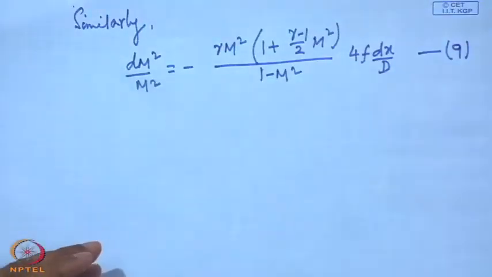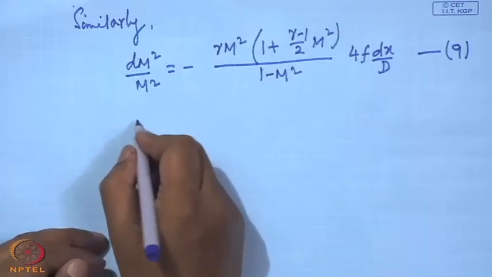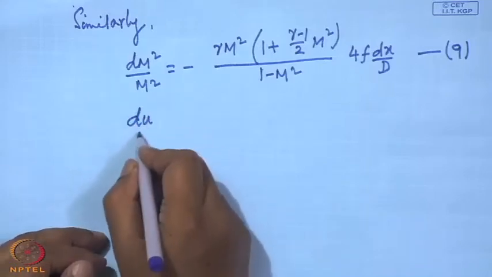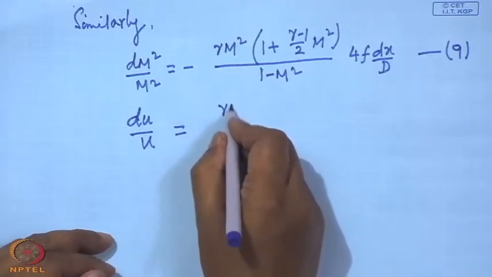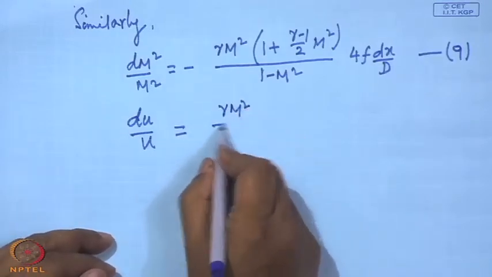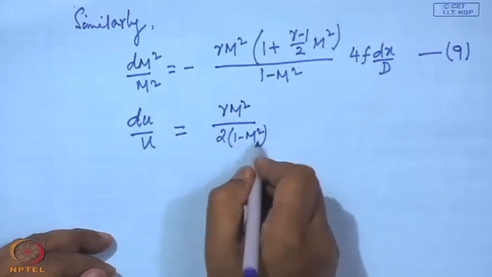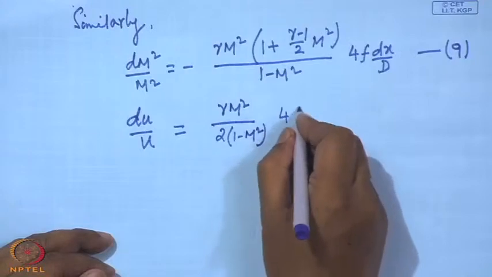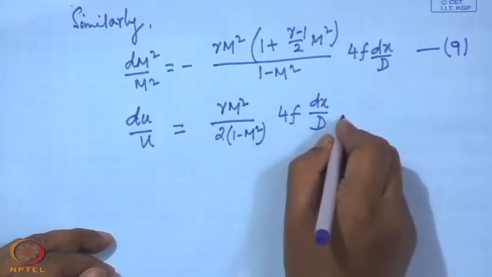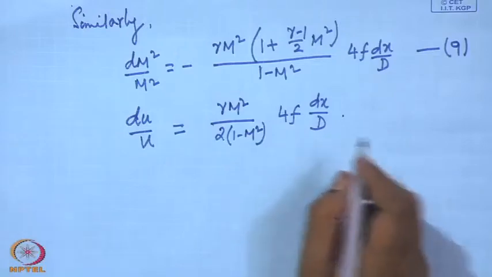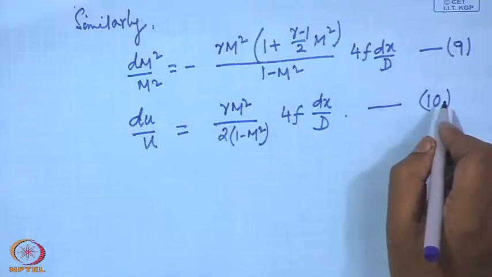Also, we can get du by u, which is our equation number 10.